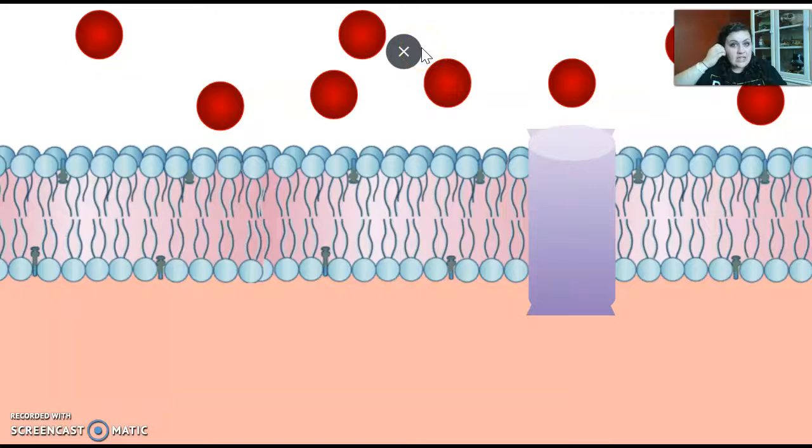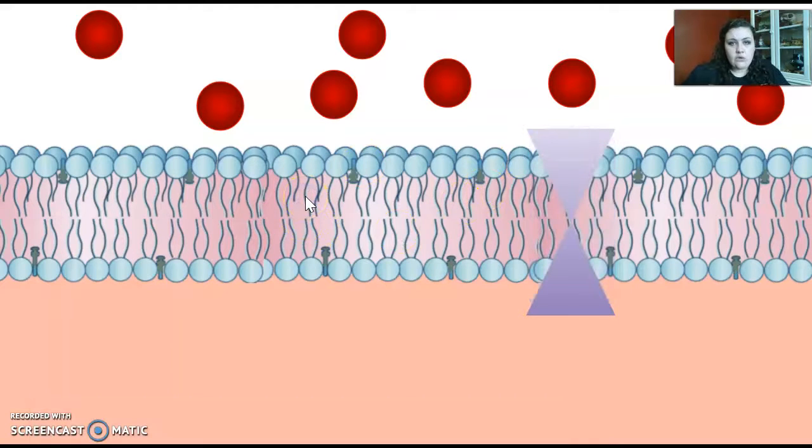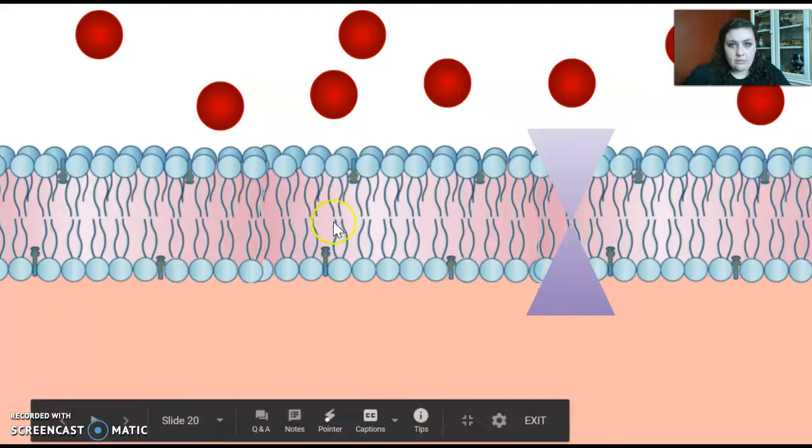The problem is that as soon as you stop and let them go back, they're going to diffuse back through naturally. So to combat that, we have to close off that tube.